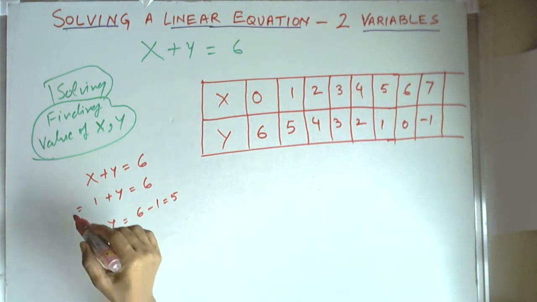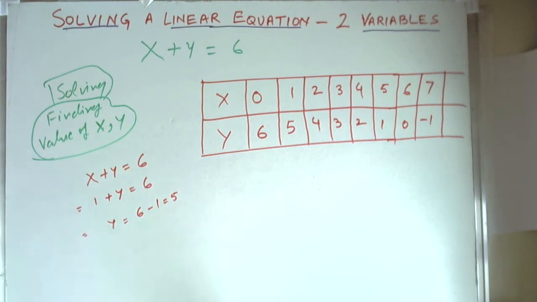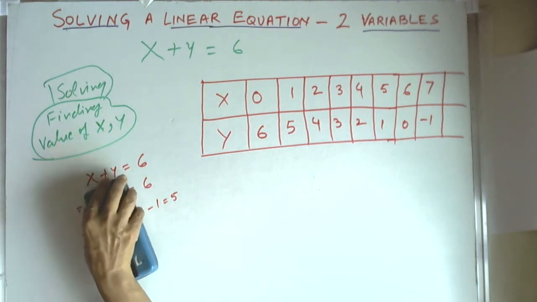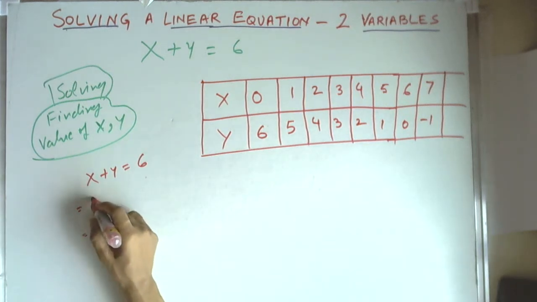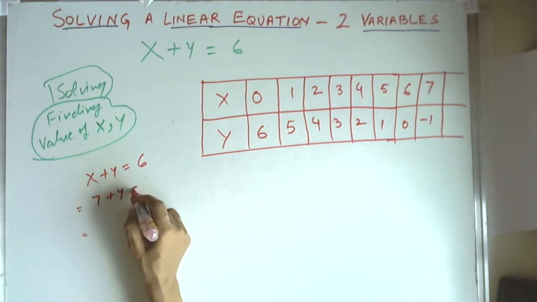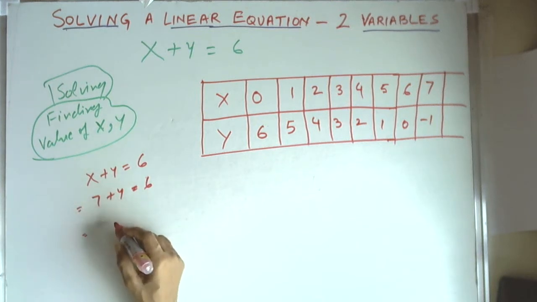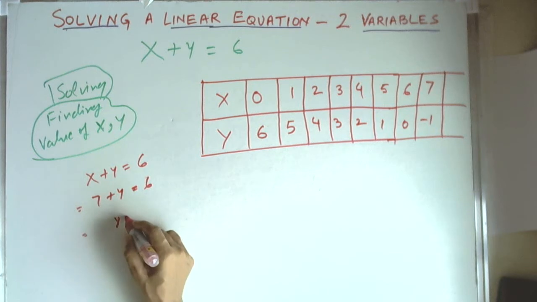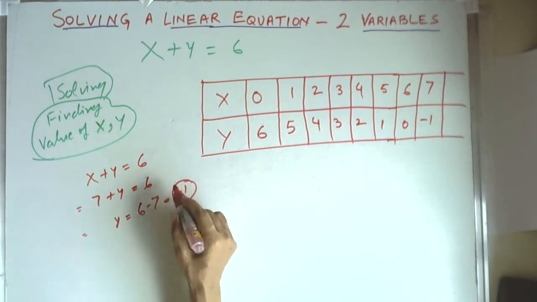If we take 7 here then we will find minus 1. How? Now x is 7, so we substitute, 7 plus y equal to 6. Then we subtract 7 from both sides, we will get y is equal to 6 minus 7, which is equal to minus 1.